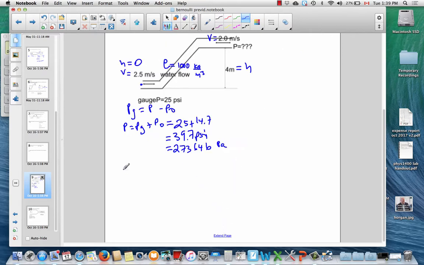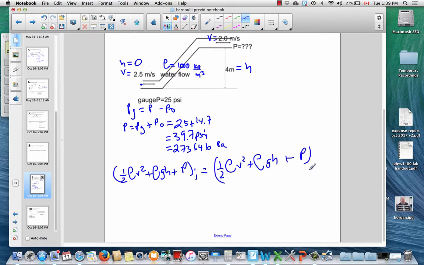So if we set up, Bernoulli's theorem tells us 1/2 rho v squared plus rho gh plus pressure at the initial or start point will equal the quantity 1/2 rho v squared plus rho gh plus pressure up at the final point. So we substitute our known values then. Density of water is 1,000. Flow speed at the bottom was 2.5. Earth's gravity field is 9.8.